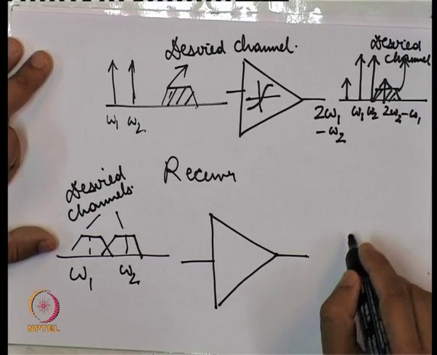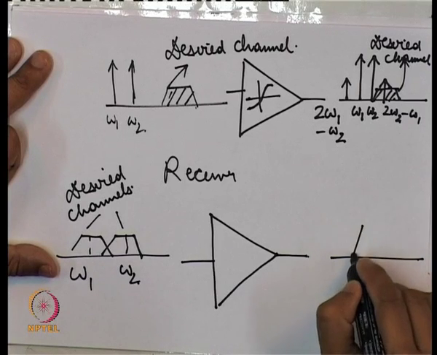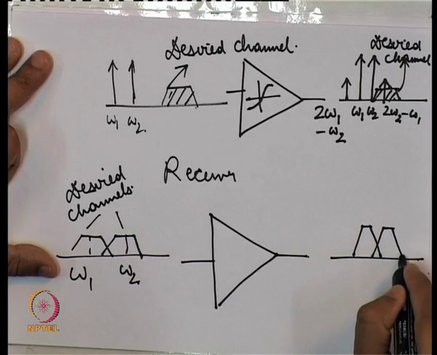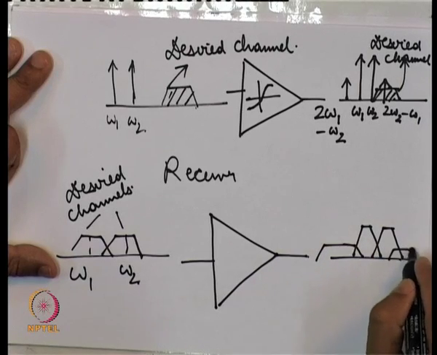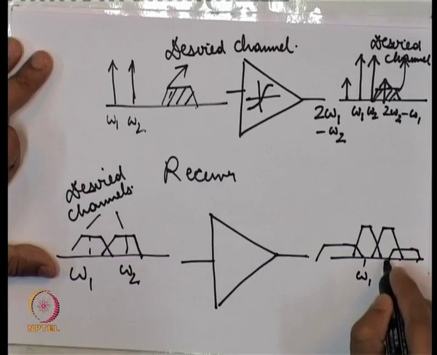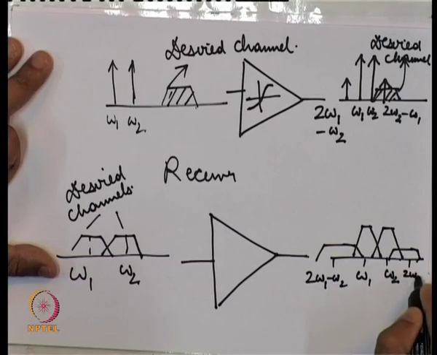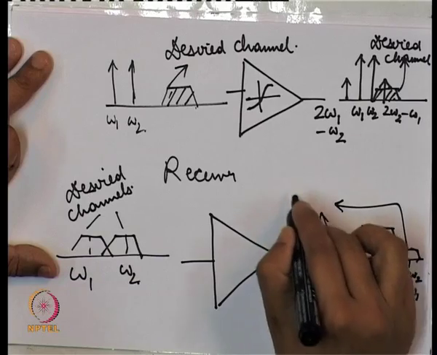What happens at the output is that the desired channels will be amplified, but in addition we also have interferers. So these are the interferers.